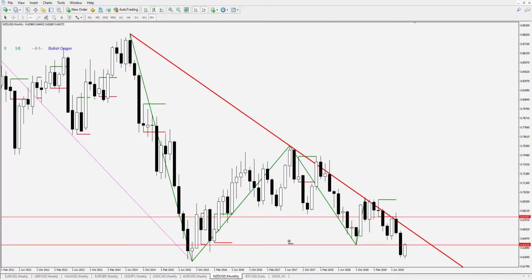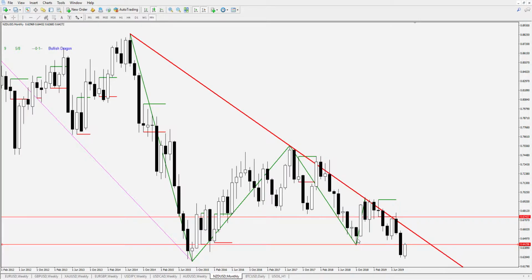Wow, I think it just got that support there. Yeah, about there. Well, we are actually teetering on 64.29, so it needs that, or we'll come down and test this again.